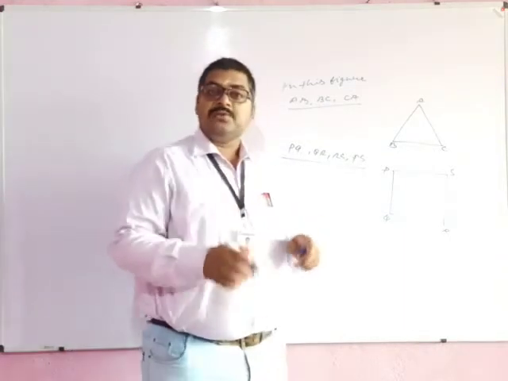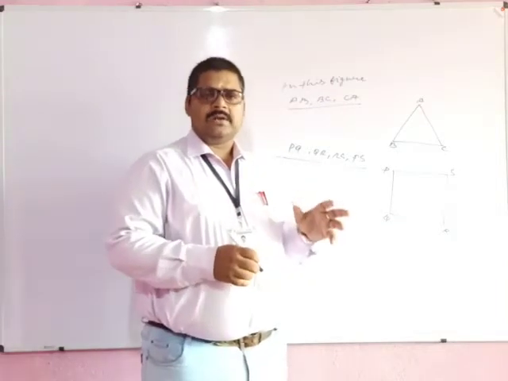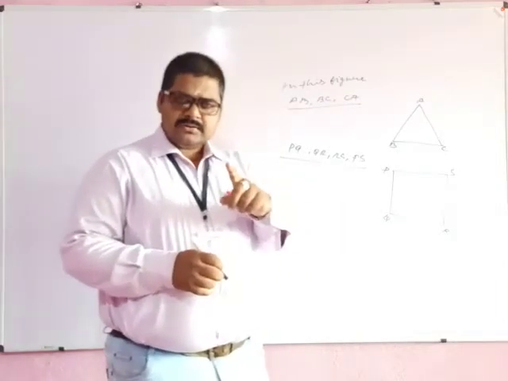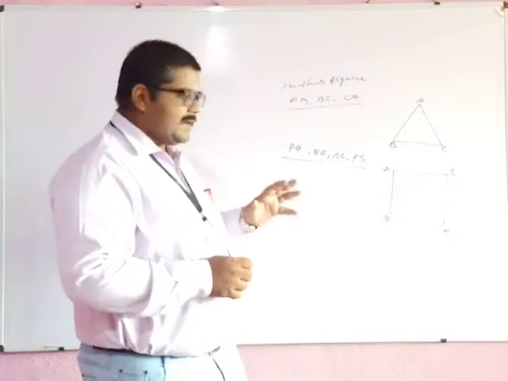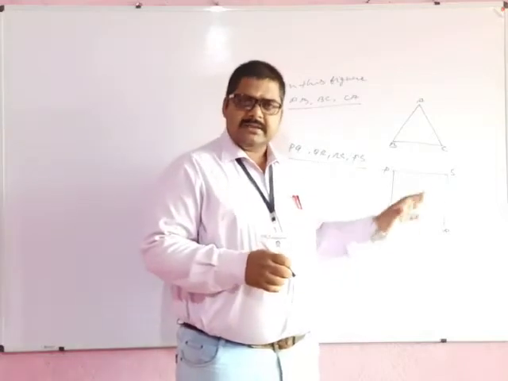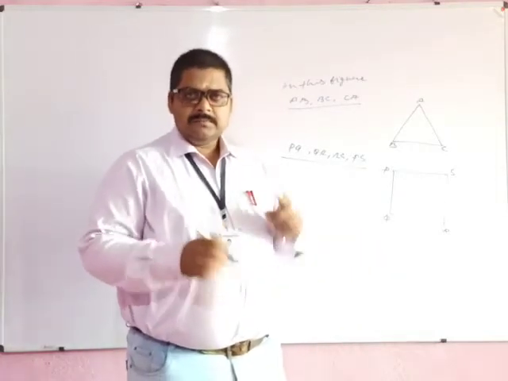So a line segment which is involved in the formation of any polygon is known as a side of the polygon or arm of the polygon. The second definition I have to discuss in the same figure is regarding vertices of the polygon.